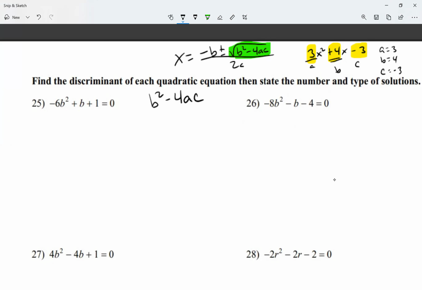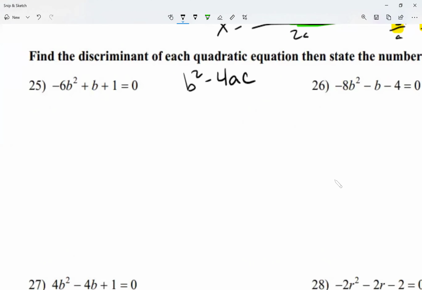The instructions for today said, find the discriminant of each quadratic equation, then state the number and type of solutions. Again, I'm just focused on the discriminant. First of all, I have to have my trinomial equal to 0, so the right side has to be equal to 0.